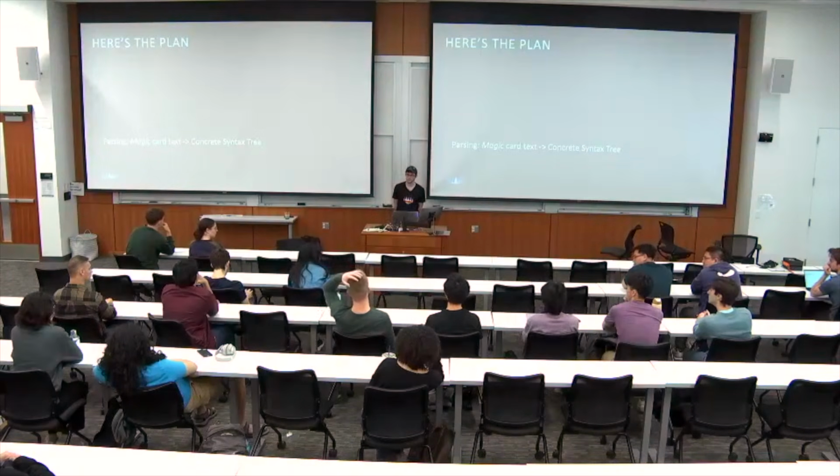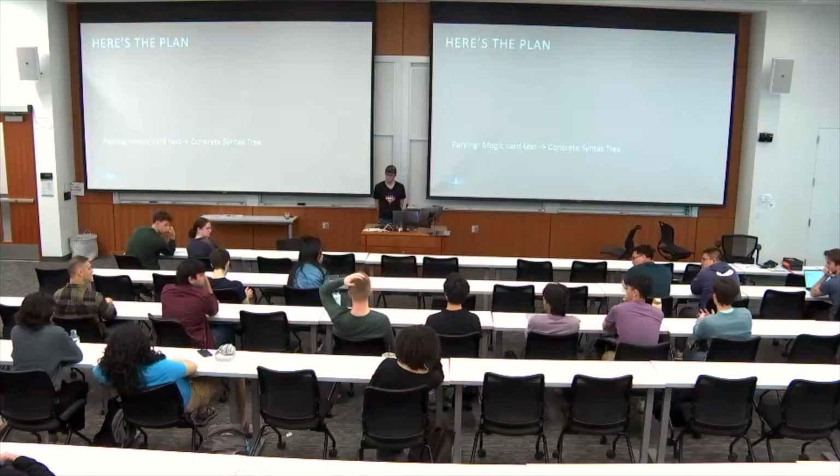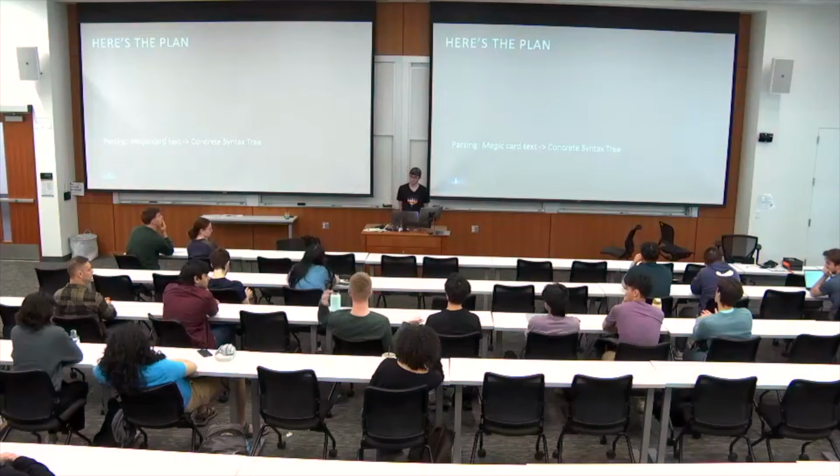Yes? Isn't there also the issue that there's not really that many Magic cards, but there's quite a large variety of effects that happen, and effects happen all the time too. I don't know if I would have too much faith in a neural network being able to sufficiently learn that type of thing. Right. Yes. So there are multiple reasons why we wouldn't use a language model to read the card text and directly produce code.